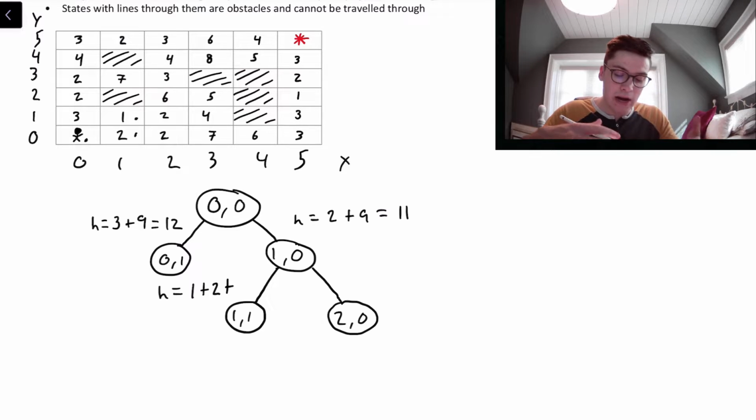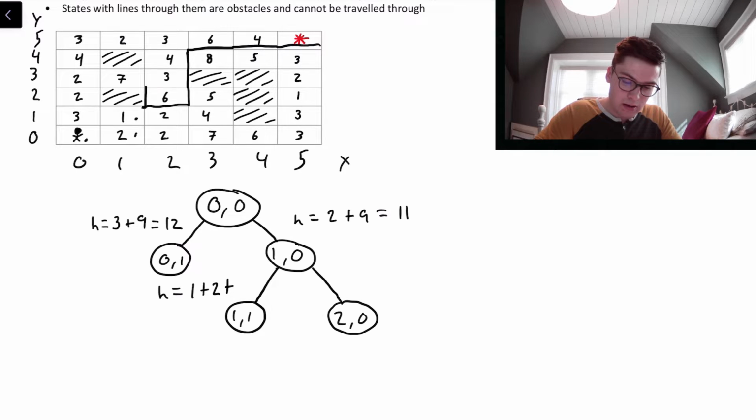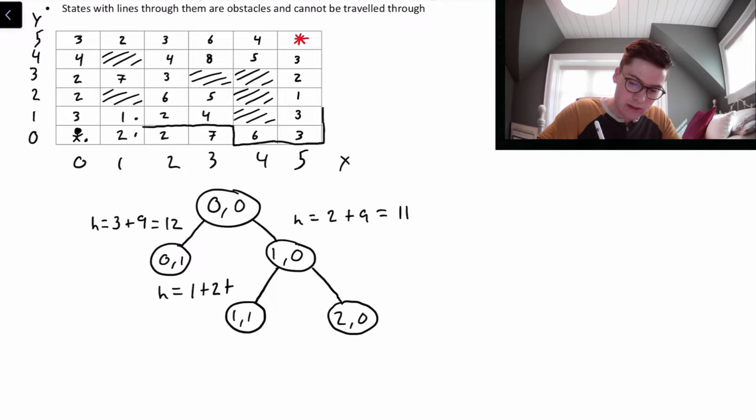And then you add the straight line distance. So the straight line distance from here is 1, 2, 3, 4, 5, 6, 7. I believe I computed that wrong. Let me just try that again. 1, 2, 3, 4, 5, 6, 7.